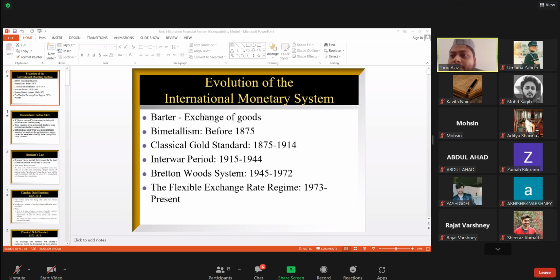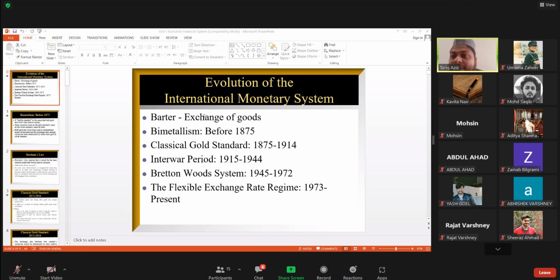One of the main problems with the barter system was that search for the counterparty was very difficult. Say, for example, I have grains and I want clothes. So I have to search for someone who is ready to sell clothes and wants grains in exchange.